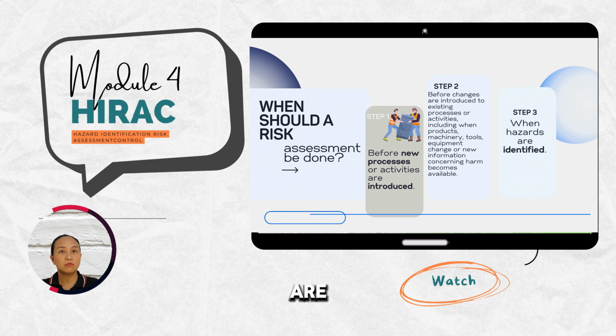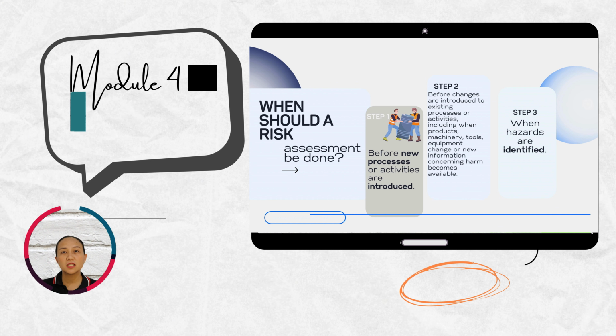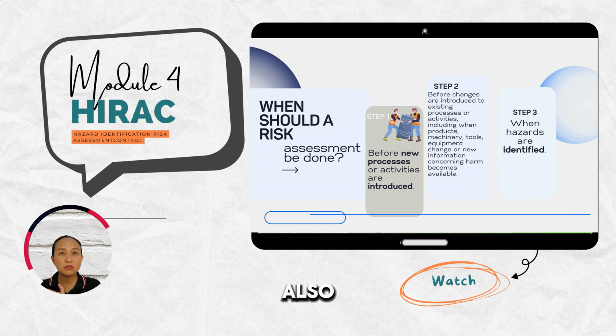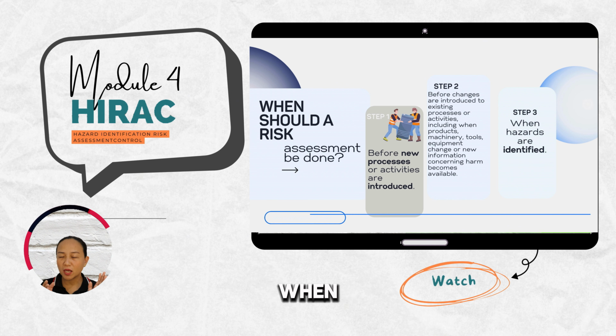So, they are new hazards with the weather conditions, but during also hot weathers, or the dry season. So, may hazards din po yan na ma-identify. So, it depends. So, again, before new processes are introduced, before changes are introduced, and when hazards are identified.